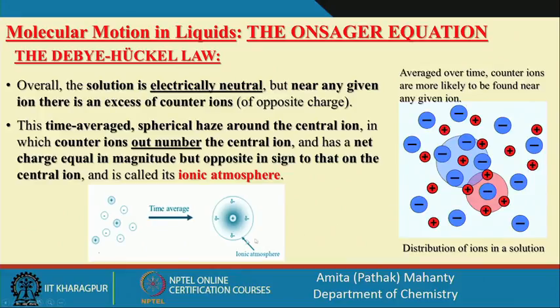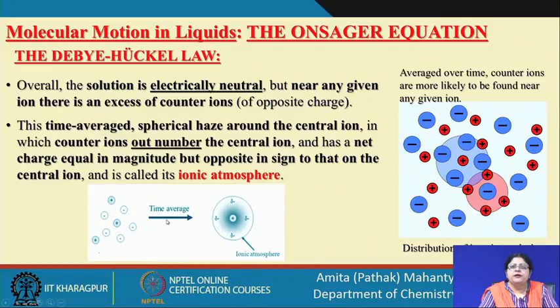So, you see the time average, these are the dispersions of the ions. If we take a time average, a time shot, we are likely to encounter a haze of oppositely charged ions around a central ion.